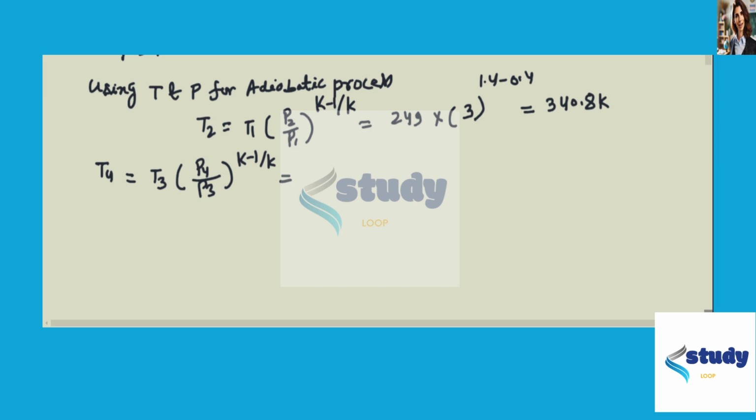Temperature of third state is given 278, that is given in the problem. Compression ratio of pressure is 3, with exponent 0.4 upon 1.4. So we will get 380.5 Kelvin.